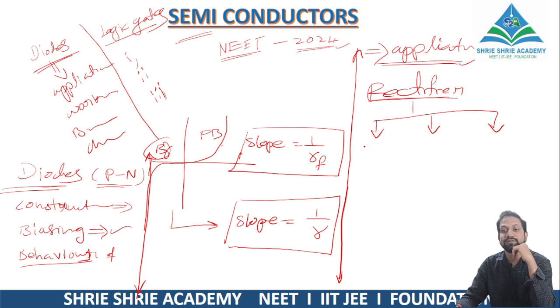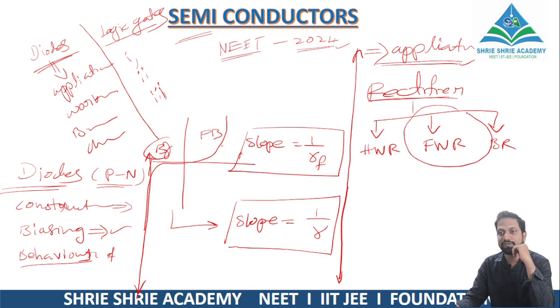One is half-wave rectifier, in short HWR, another full-wave rectifier, and then bridge rectifier. Out of these three, if you understand the full-wave rectifier, it's enough to remember the half-wave and bridge rectifiers. So I prioritize this full-wave rectifier, if you understand that, it's enough, and remaining things will be easy.